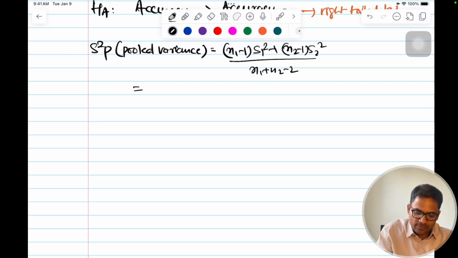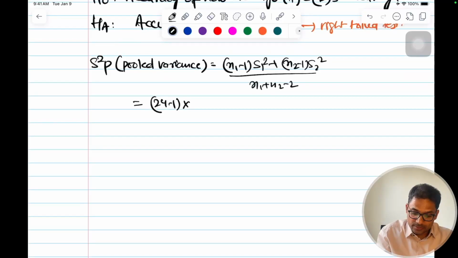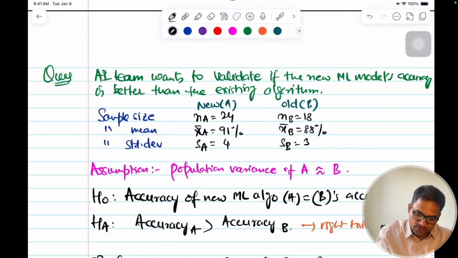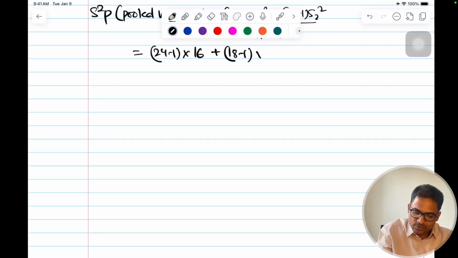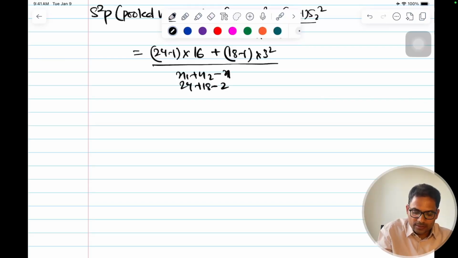So let's do it. n1 is 24, so 24 minus 1 into s1², where s1 is the standard deviation of the first one, that is 4, so 4 squared is 16, plus n2 is 18 minus 1, and the second standard deviation is 3, so into 3 squared, divided by n1 plus n2 minus 2, which is 24 plus 18 minus 2.